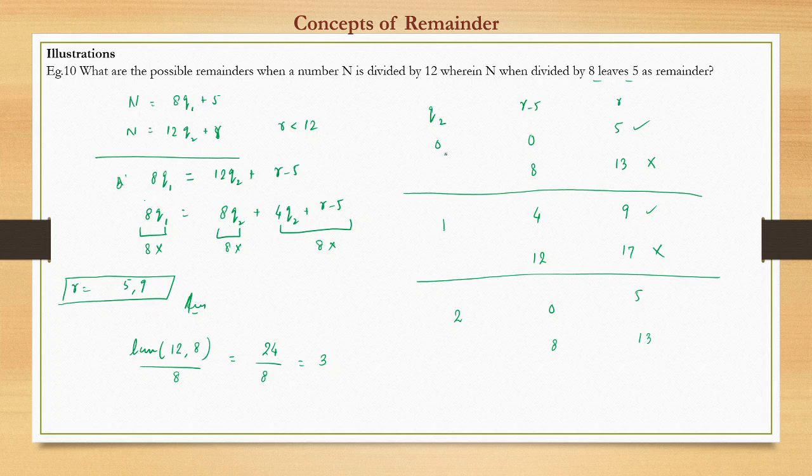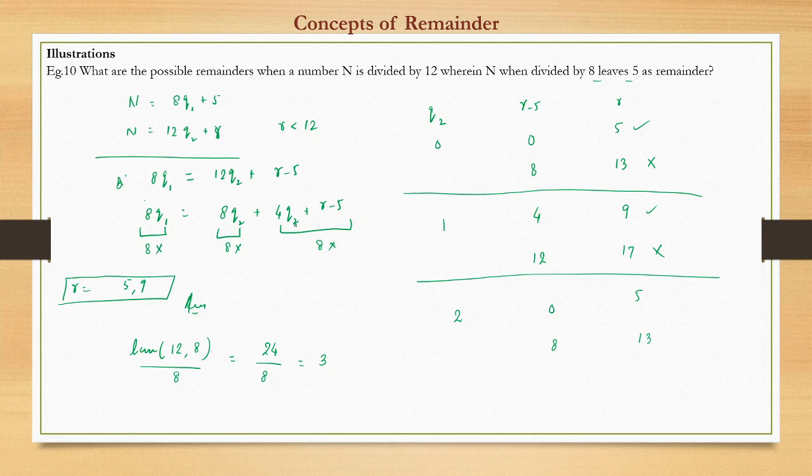If q2 is equal to 0, this is 0, so it can take a value of 0 comma 8. So if r minus 5 is 0, r is 5. If r minus 5 is 8, it becomes 13. Okay, this is fine, no? 8q1 is equal to 12q2 plus r minus 5.